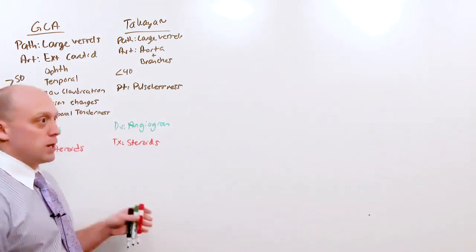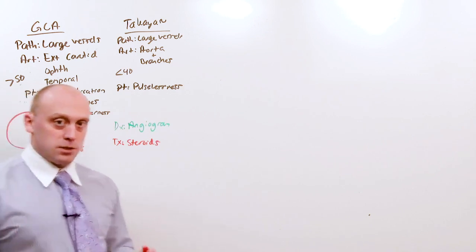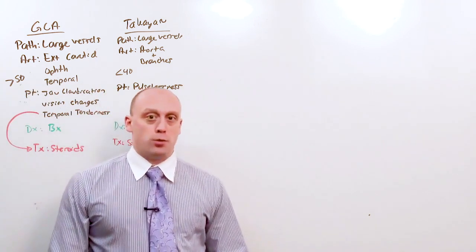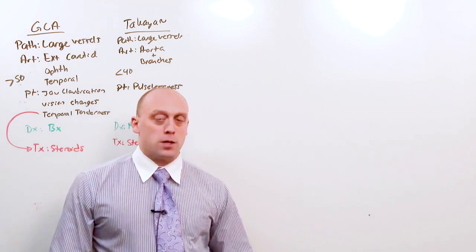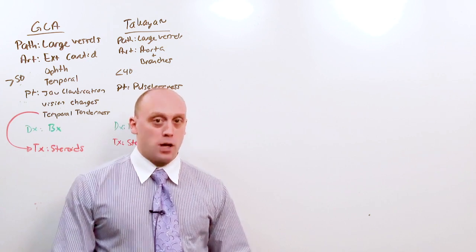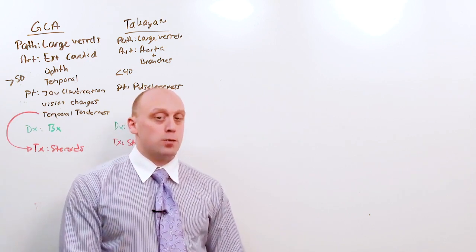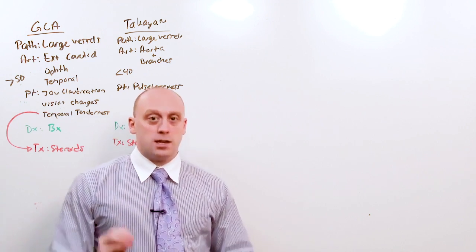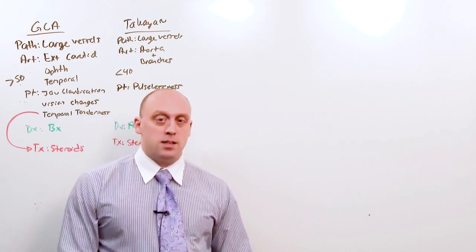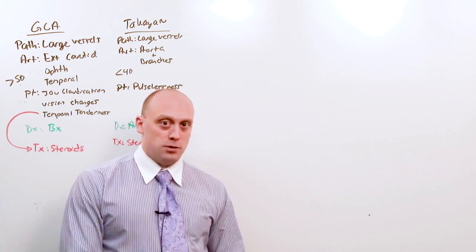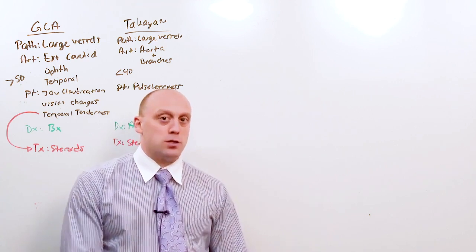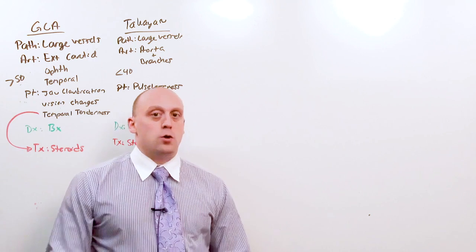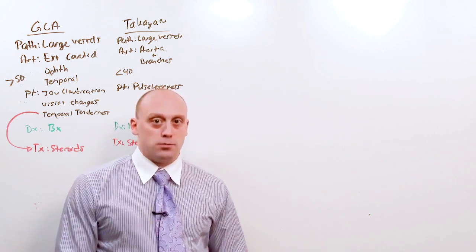Okay, if we move over now and start talking about medium vessel diseases, there's really two that you probably learned about in pathology: polyarteritis nodosum and Kawasaki's disease. I'm going to talk about Kawasaki's but not put it on the board because it's a pediatric disease. Kawasaki's disease is an Asian child or infant that has a discriminating rash on the palms and soles who presents with a myocardial infarction.